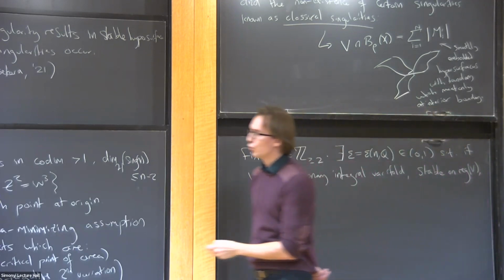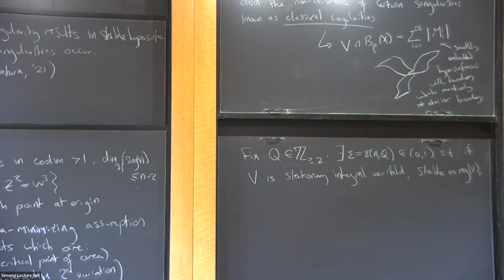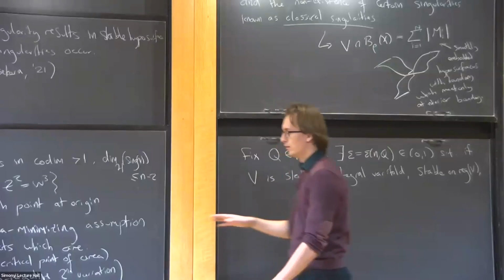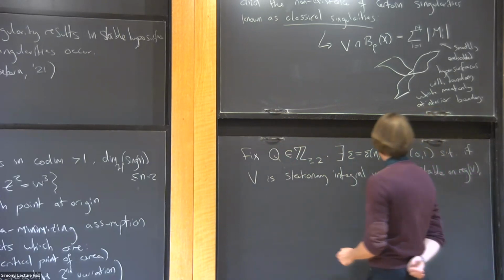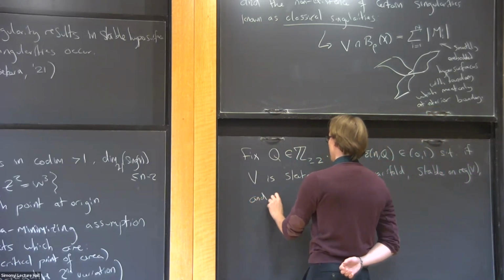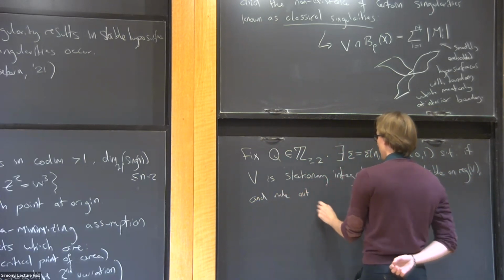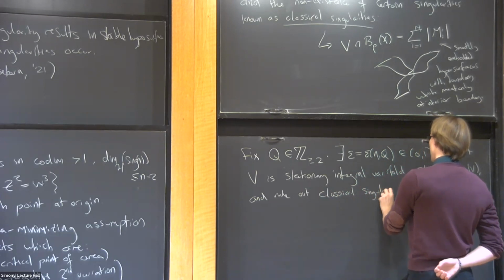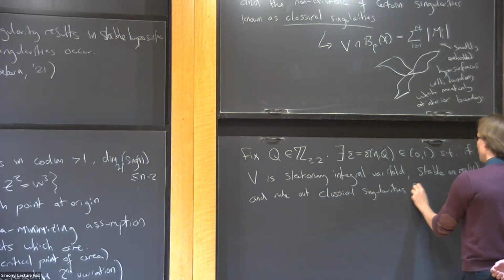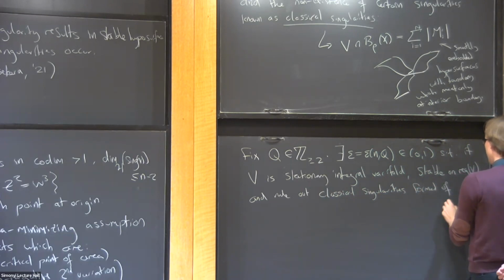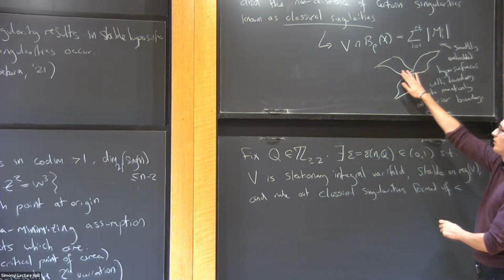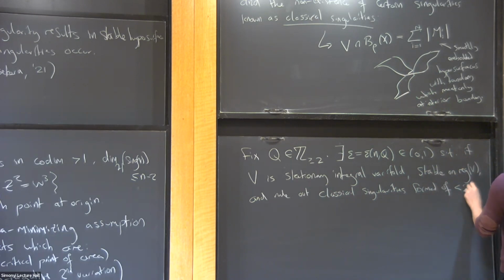And instead of ruling out every classical singularity like Neshan did here, I just rule out crossings of fewer than Q sheets, so I rule out classical singularities formed of fewer than, if you count these as half sheets, 2Q.